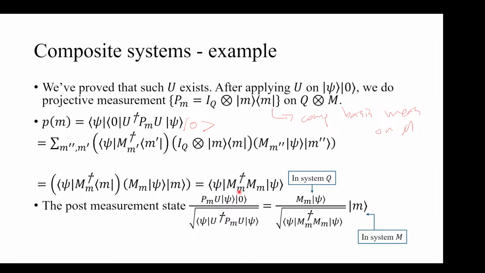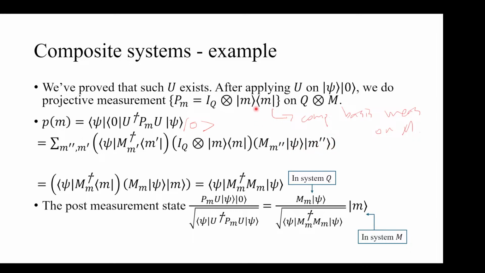So we have a sum over m prime for those bra vectors: psi tensor M dagger sub m prime, and tensor m prime. And then the later part we have big M sub m double prime on psi tensor m double prime.